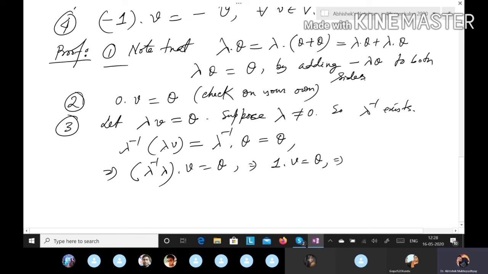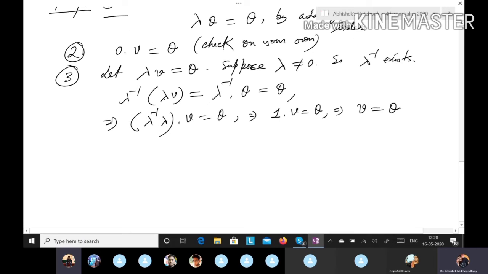Then by axiom 4 of vector spaces, V equals theta. So if lambda is a non-zero scalar, then V must be theta. Or if V is a non-zero vector, then lambda will be 0. So this proves the third case.